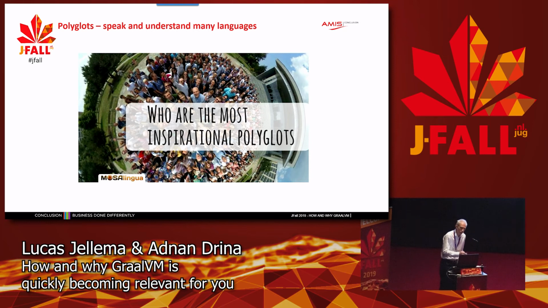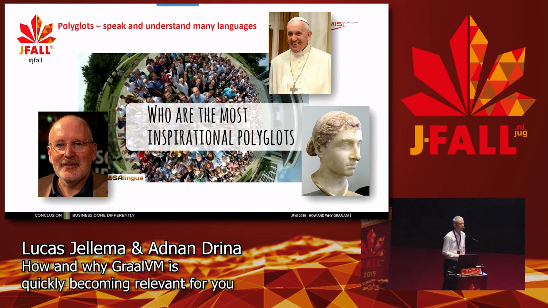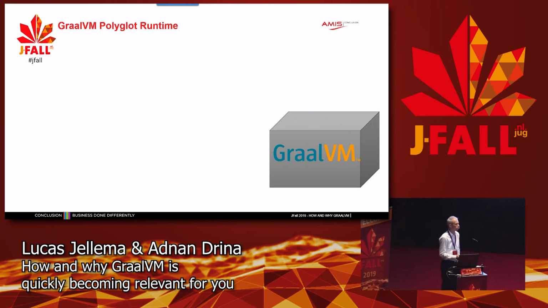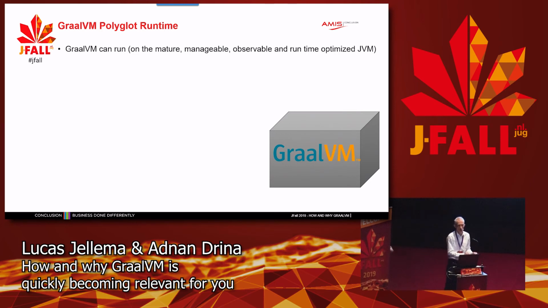So in the world of real languages, we talk about polyglots. And polyglots are people who can speak and understand many different languages. And in our world of IT, in our world of Java development, there's also this polyglot thing, and that's GraalVM, obviously. And in which way is it polyglot? Well, it can run applications written in all kinds of different computer languages on the same JVM infrastructure that we use for Java applications, with all the benefits of that very mature infrastructure.